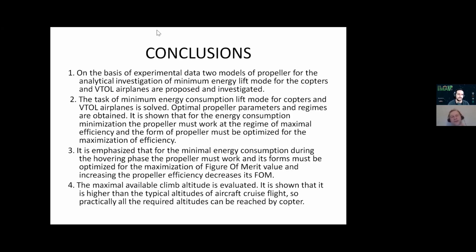Another task is you must lift to 1 kilometer and hover about 1 minute. In this case, the results are different. So I think it's some kind of two parameters curve, just like a Pareto optimum.